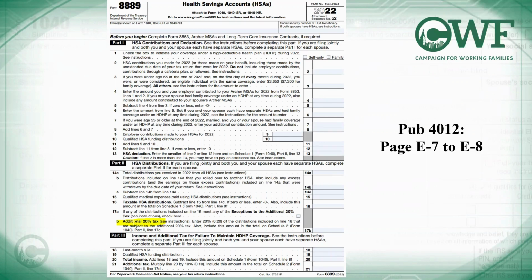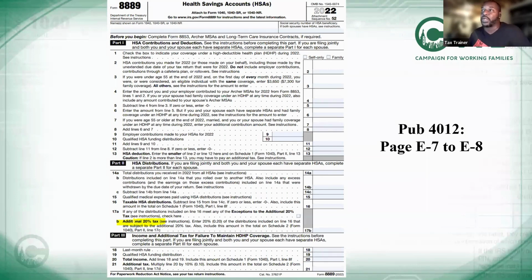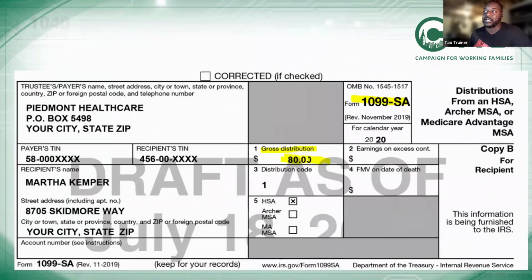They definitely have to report it because they wouldn't know what it was actually spent on. We're going to get this thing that says, you look like you took out $80. Then I'm going to say, all right, what did you use the $80 for? Was it for health purposes? And somebody could say, you know what, I took $80 out because I was broke. I needed to live. And I'm like, ooh, that's a problem. You're going to pay a penalty on that.